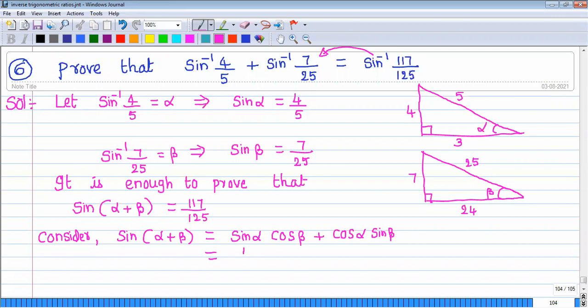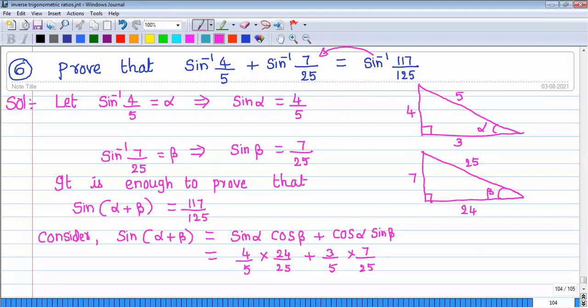What is cos beta? 24 by 25. Plus what is cos alpha? 3 by 5. What is sine beta? 7 by 25. We need to simplify now.